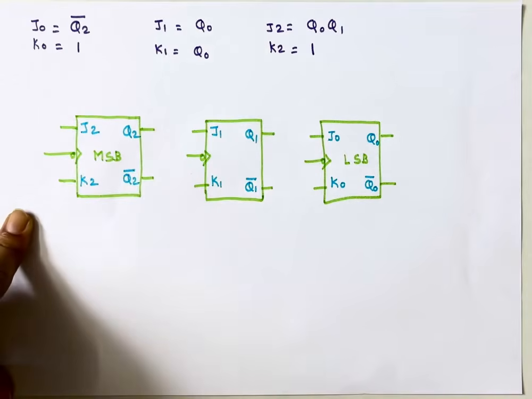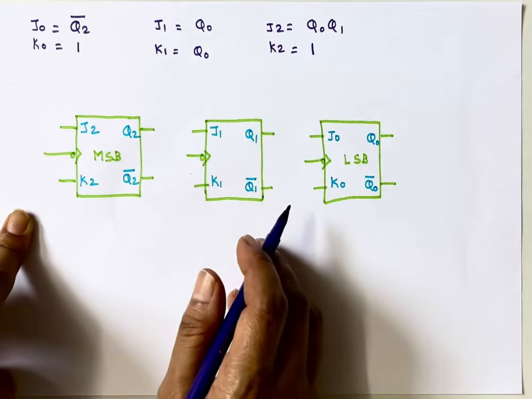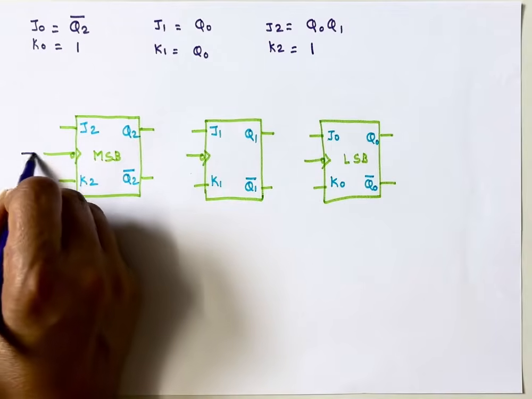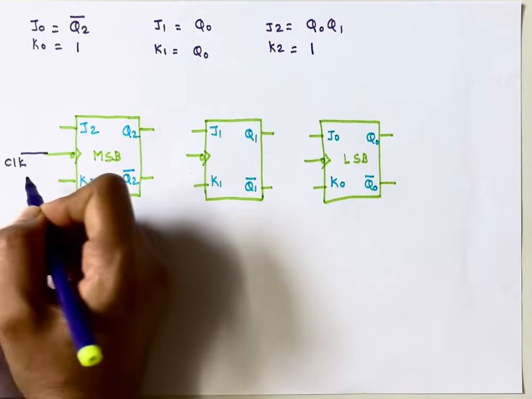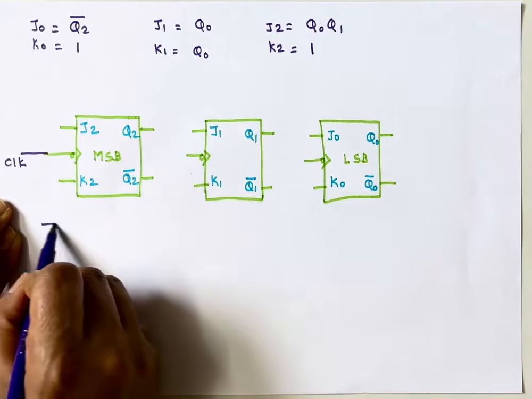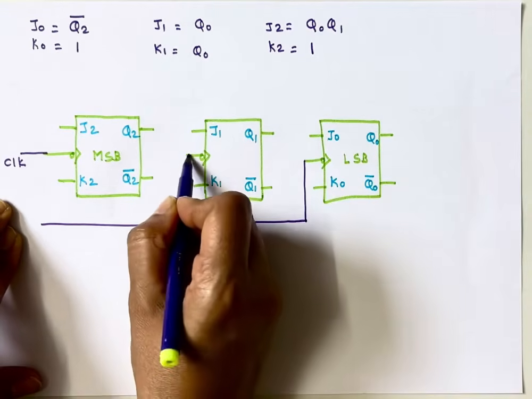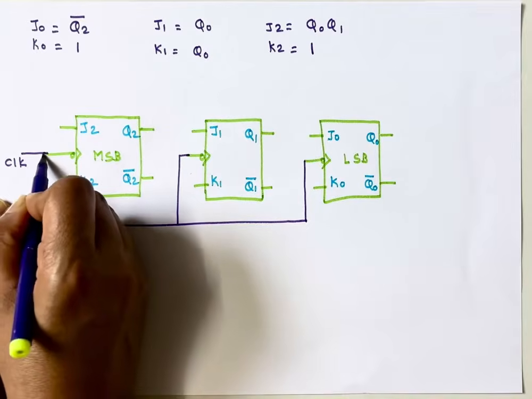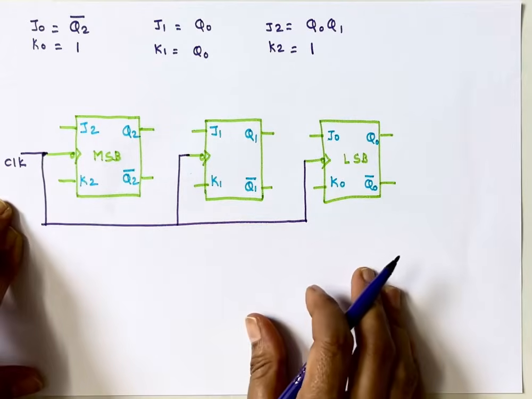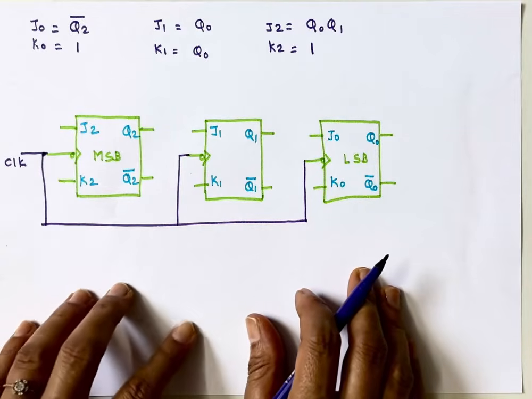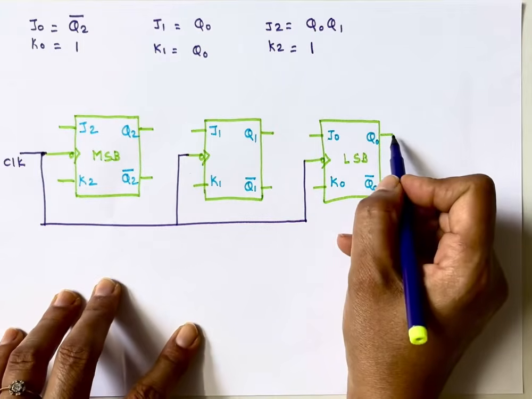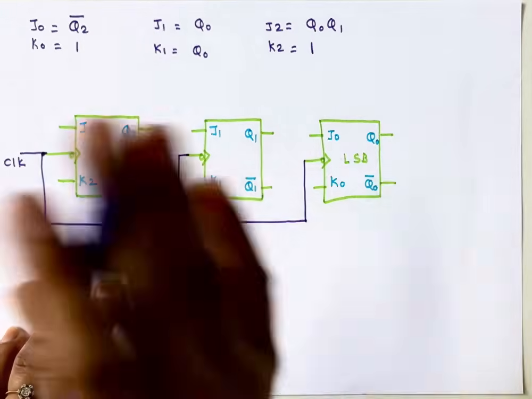This is my synchronous counter. It means a single external clock is connected to all the flip-flops simultaneously. So the external clock is connected to all of them. Next, we'll get outputs from here: Q0, Q1 and Q2.